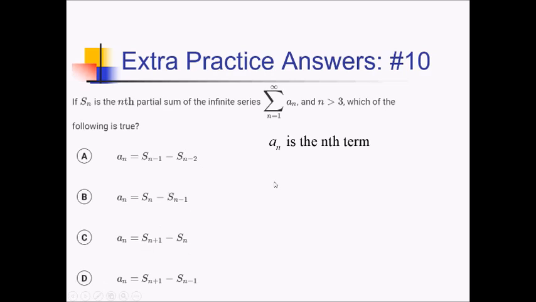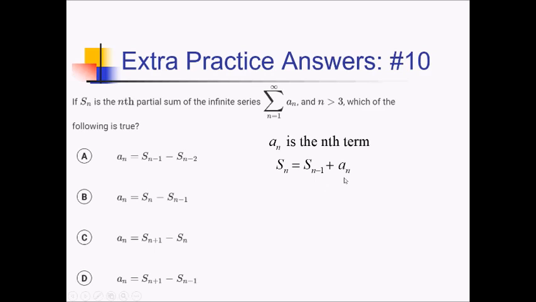Well, the key relationship we have to keep in mind is that to get the nth partial sum, S sub n, you would need to know the sum of all the terms before the nth term. That's S sub n minus 1. So this is everything added up until you get to that nth term. And then to get the nth partial sum, you have to take this and add the nth term, a sub n.